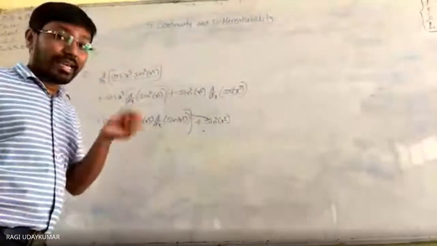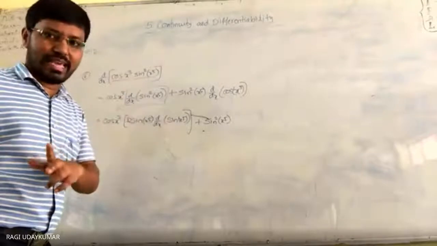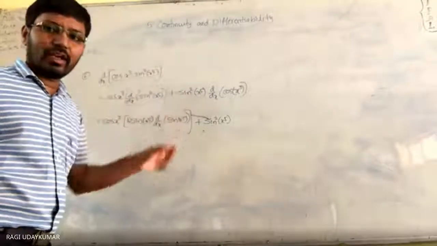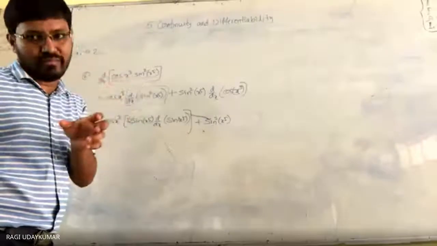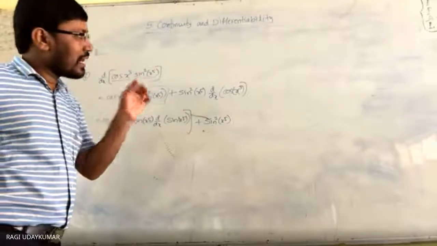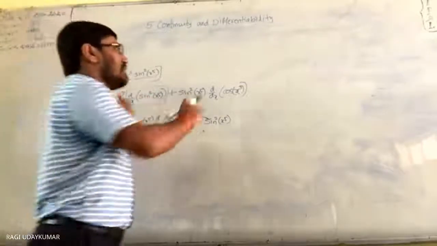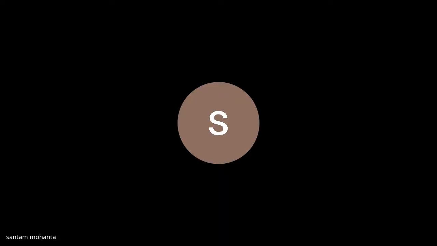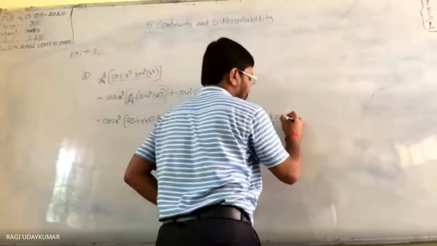This is cos x cube, not cos cube x. If it is cos cube x, you need to consider the whole thing in cube form. Here it is cos x cube, so the differentiation of cos x is minus sin, so minus sin x cube and d by dx of x cube.